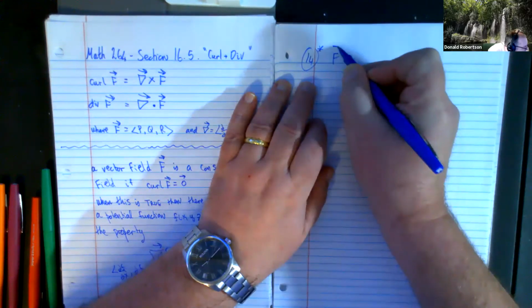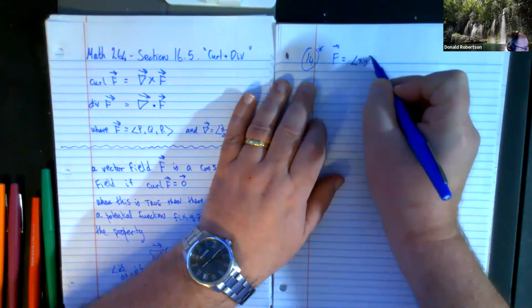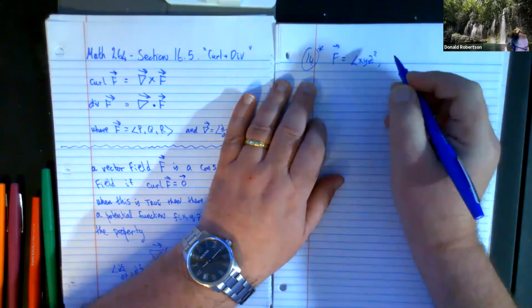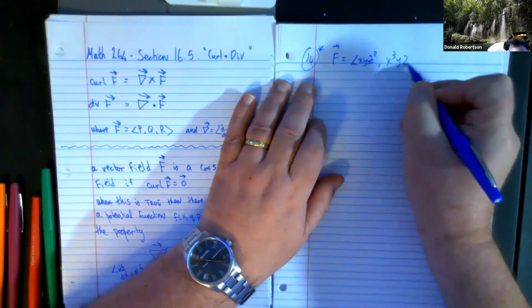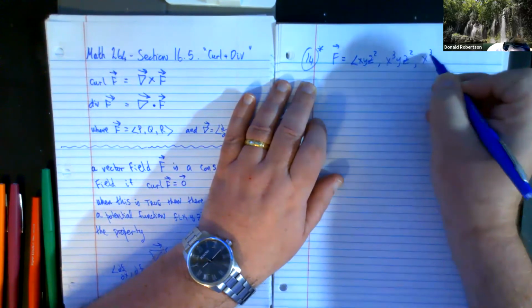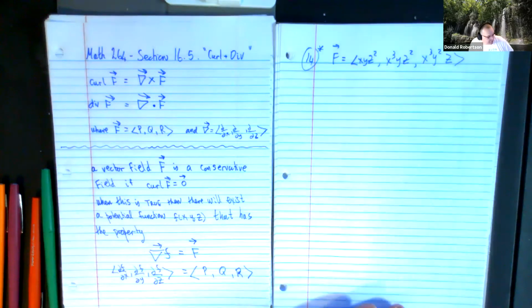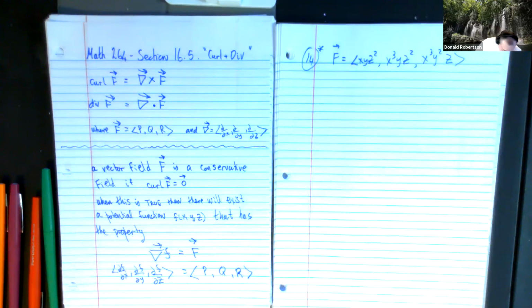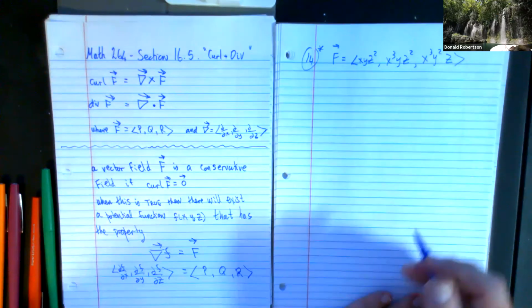This fella is xyz squared, x cubed yz squared. Beginning to regret picking it now. x cubed y squared z. And it's the same question. Find out if it's a conservative field or not, and if it is a conservative field, find the potential function.